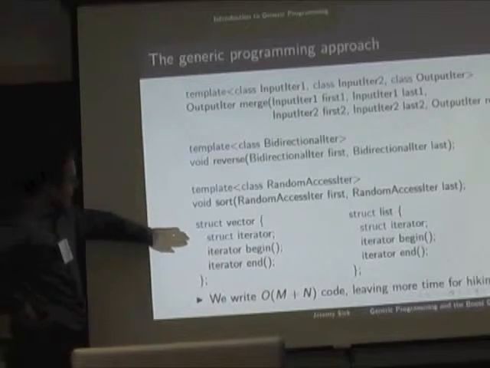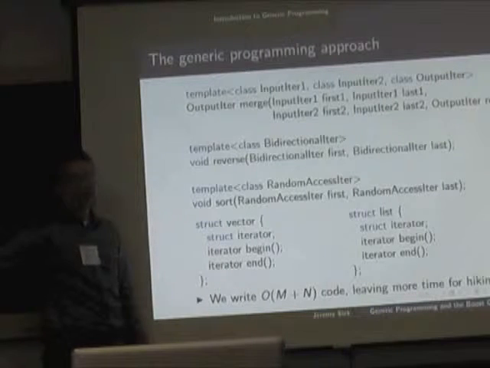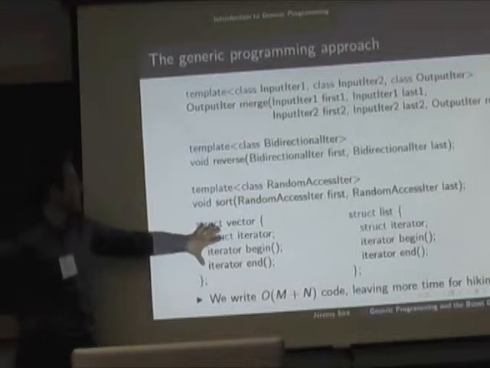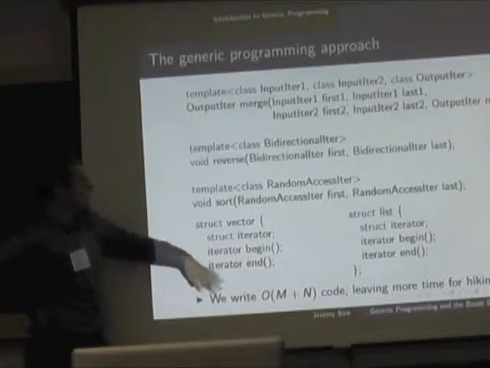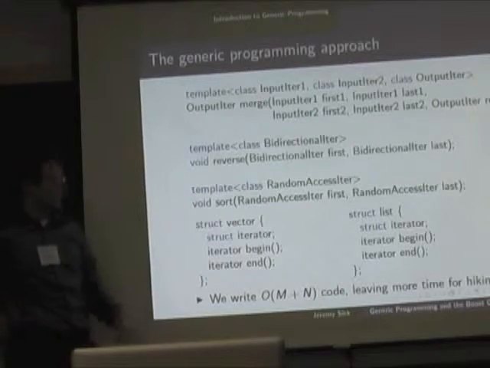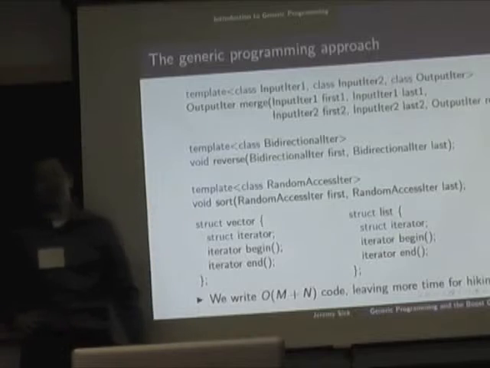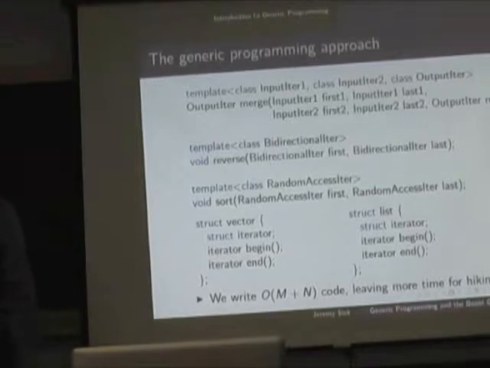And then each of these container classes exports iterators. And now you can plug and play, right? You can use vector with merge, you can use list with reverse, and you just plug and play and you get your M times N functionality, but with only M plus N code. So that's a drastic reduction in the amount of code you need to write.